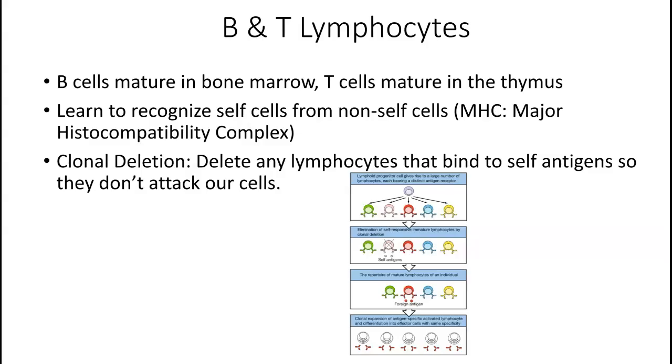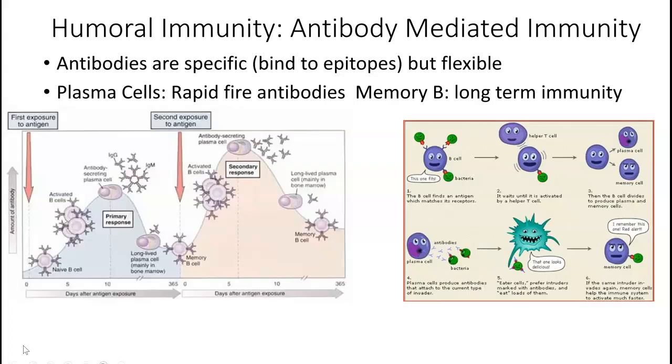So if any of those lymphocytes recognize our self antigens as being foreign, we want to delete those, because if they were to sneak through, then they could potentially attack our cells. Any cells that recognize foreign antigens, we want to keep those around and we want to clone those because who knows if we'll be seeing those antigens at some point in our life.